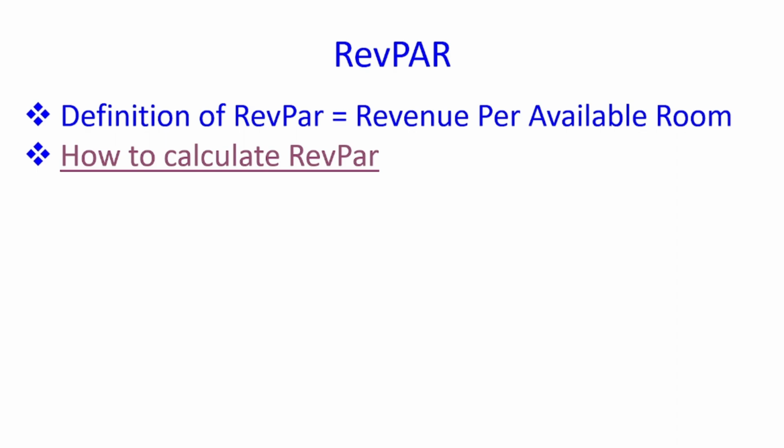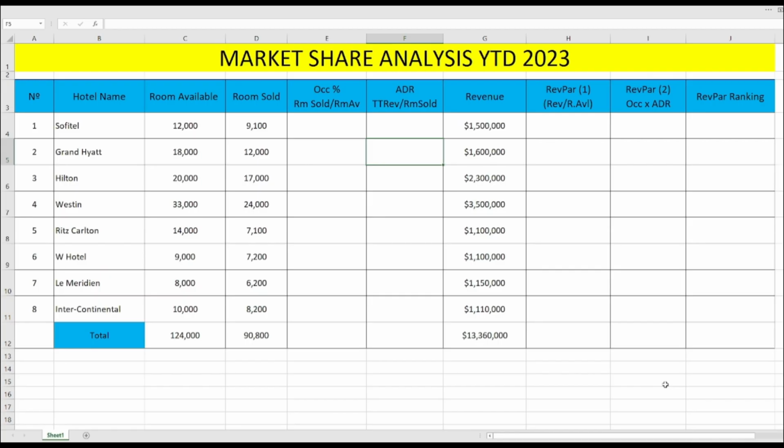How to calculate RevPAR? I think many of you have seen it, but I think it is better to do it one more time, just in case you forgot. So here is the market share analysis for year 2023.